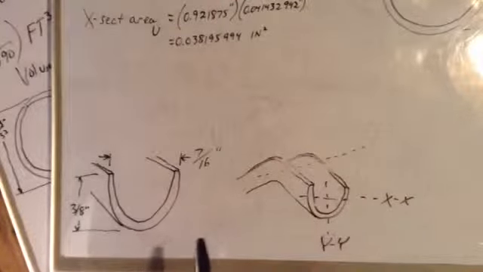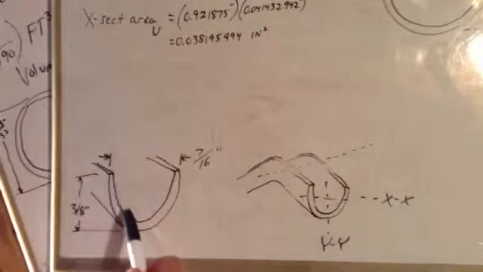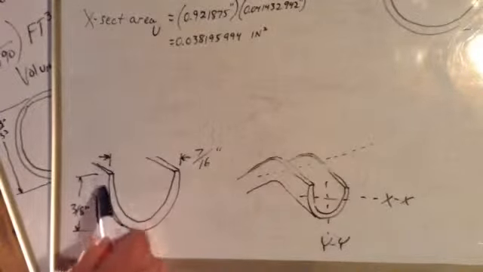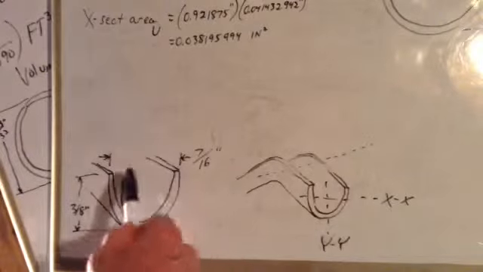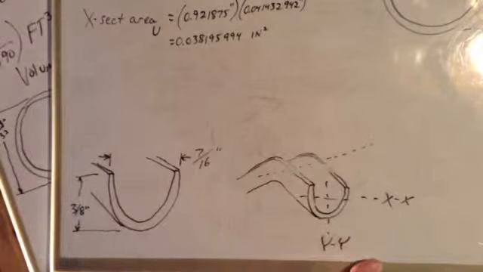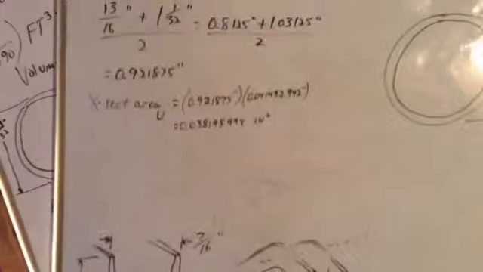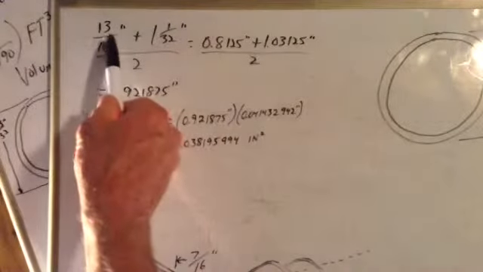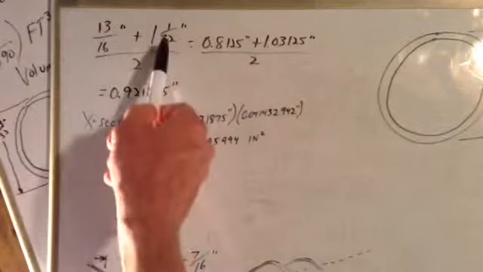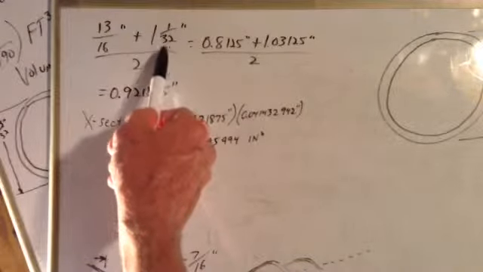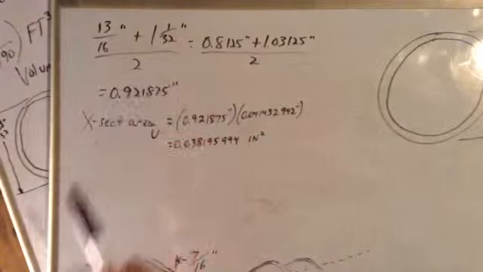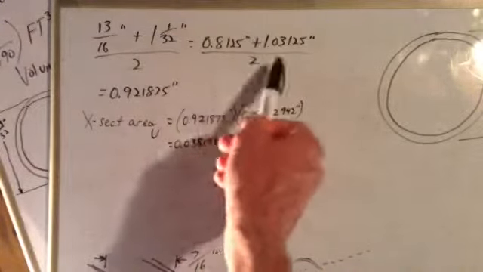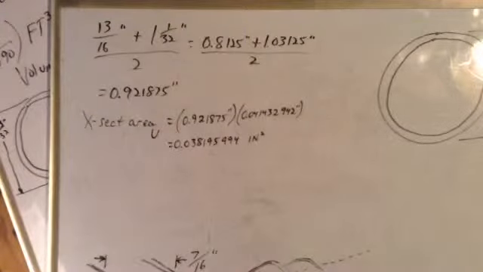The way I arrived at that is I put a piece of paper inside here and bent it at the corners, and then I put another piece of paper on the outside of it and bent it at the corners. The one on the inside of the U was 13/16 inch long. The one on the outside of the U was 1 1/32 inch long. So I just average these two: that plus that over 2 gives us that.